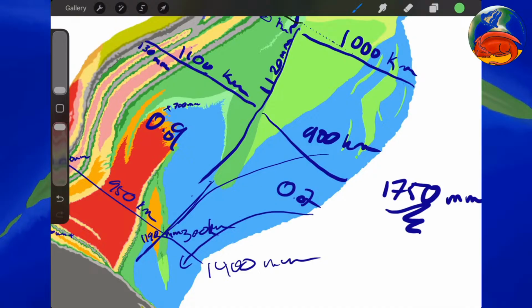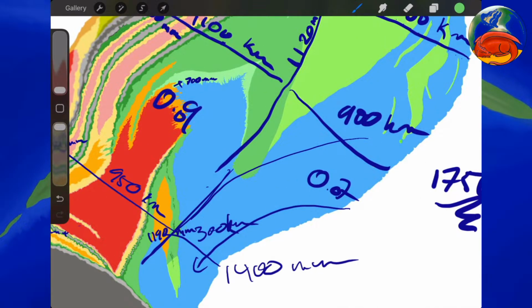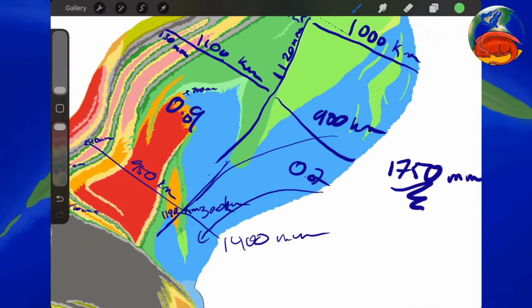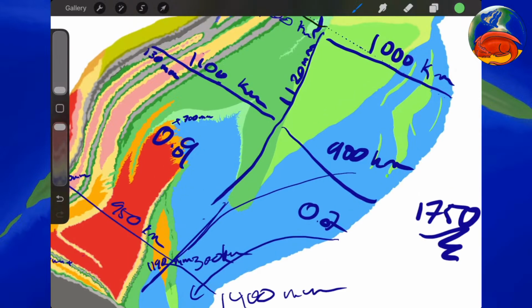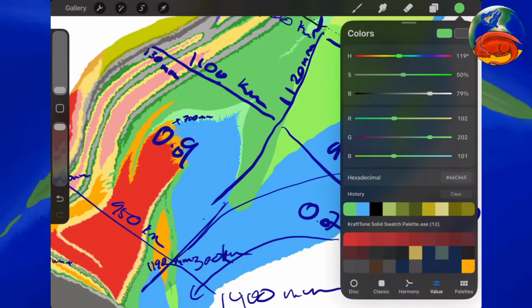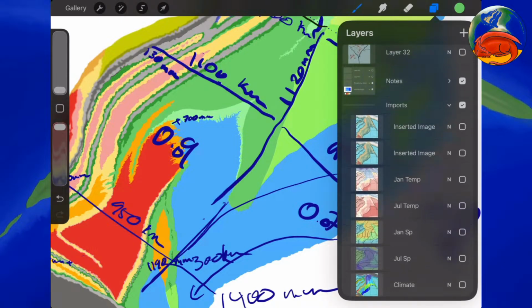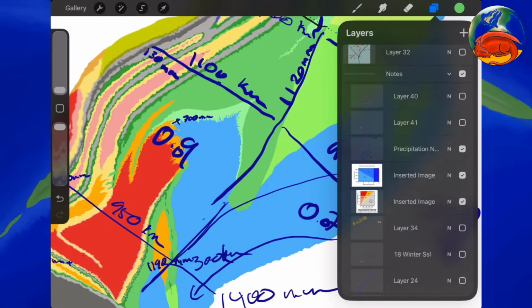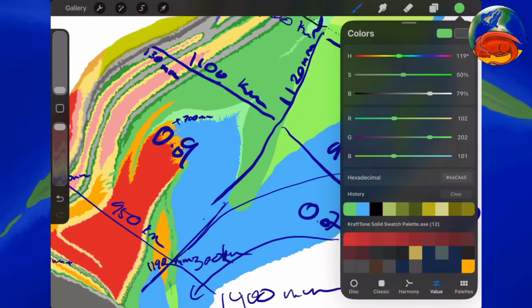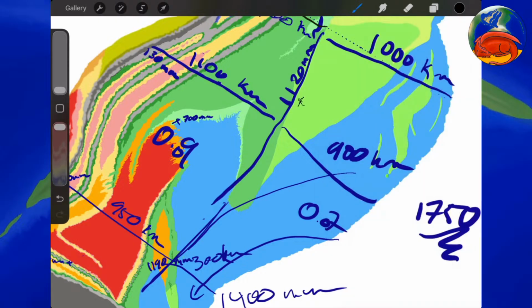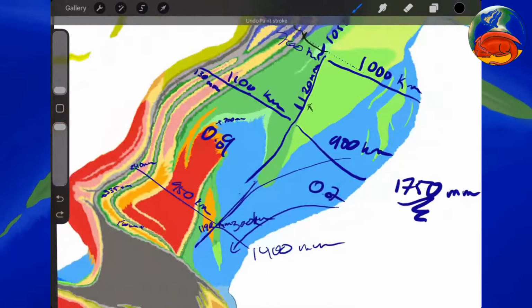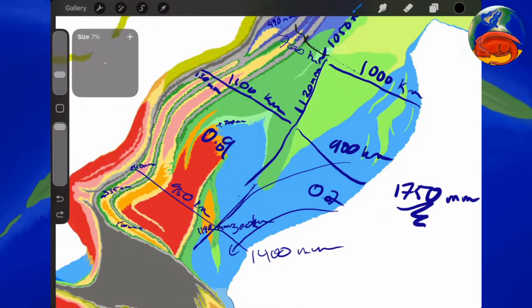So one thing is that anything on the opposite side of this line, going diagonally across the landscape, that line there is going to be a W. We can be fairly certain of that.